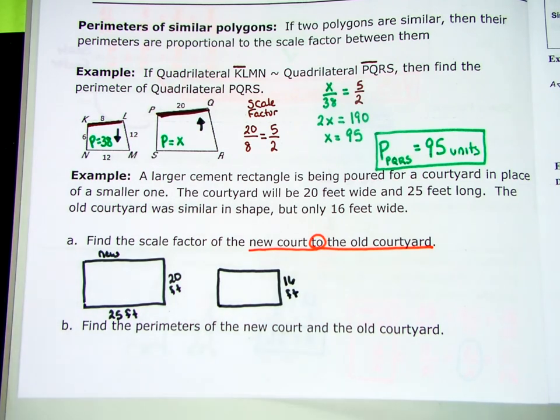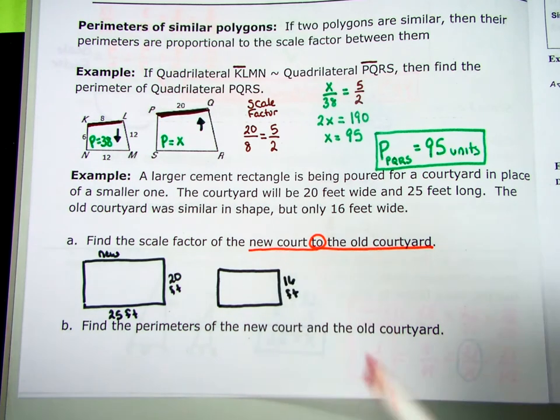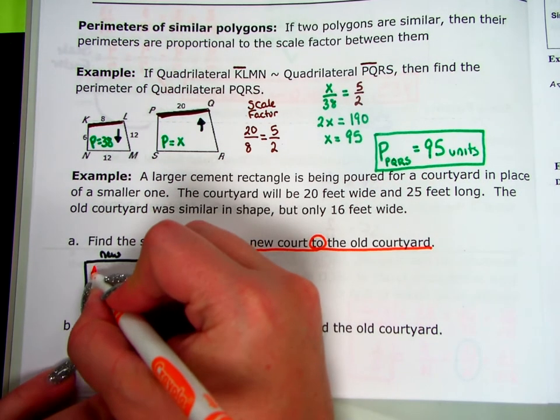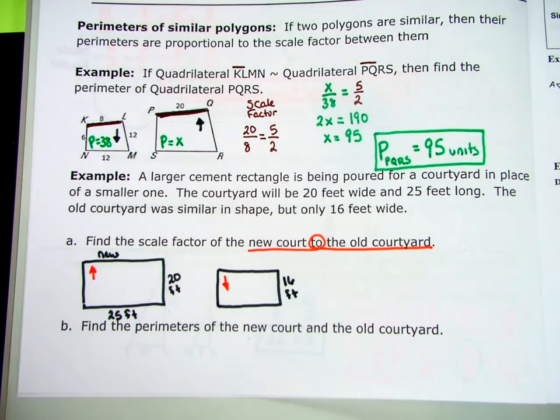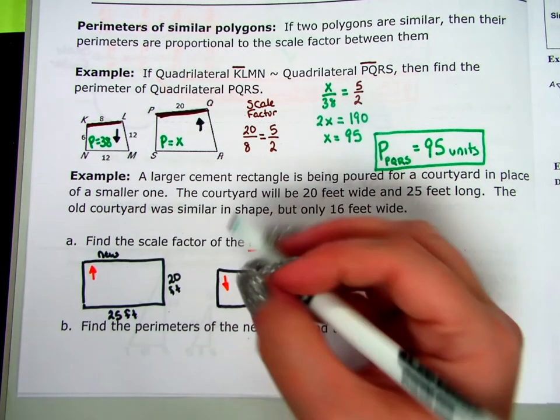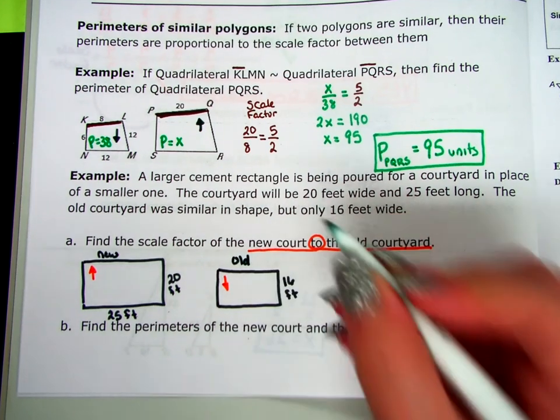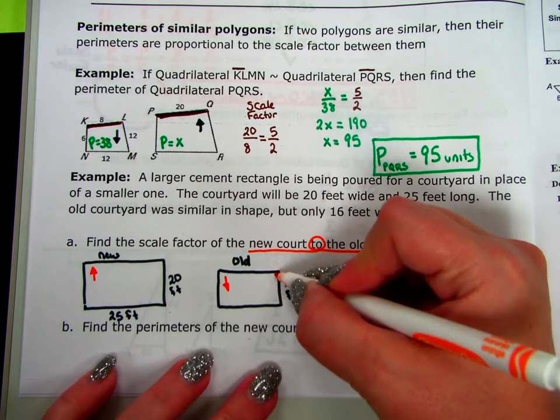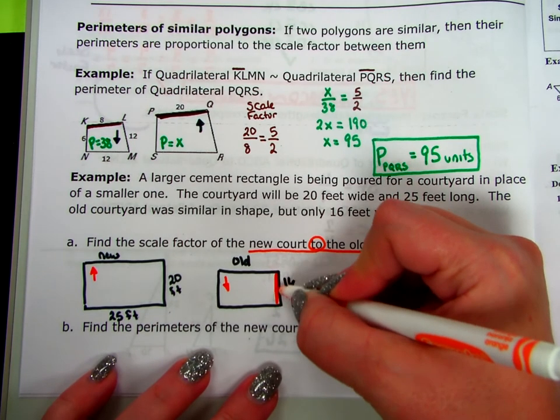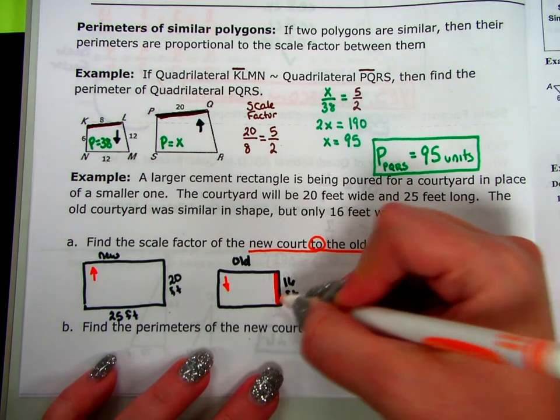Find the scale factor of the new courtyard to the old courtyard. Because it says new to old, I'm going to put the new in the top and the old in the bottom. I didn't label this one, the old. On the old courtyard, the only thing I know about it is 16 feet wide.